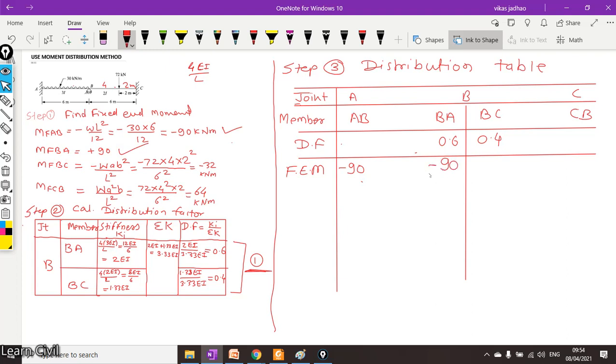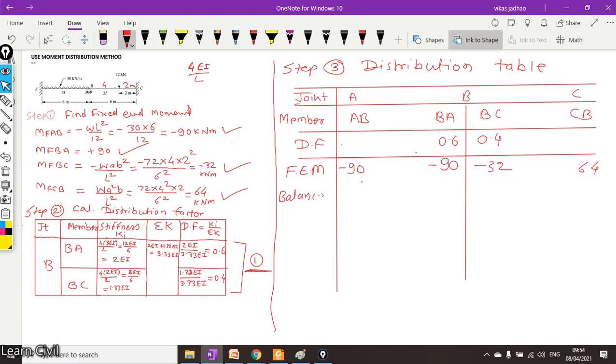Again, for member BC, the fixed end moment is minus 32. Write down here minus 32. At joint C, we have the fixed end moment plus 64. Next step will be balancing.